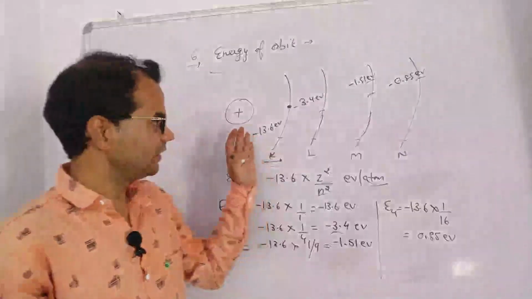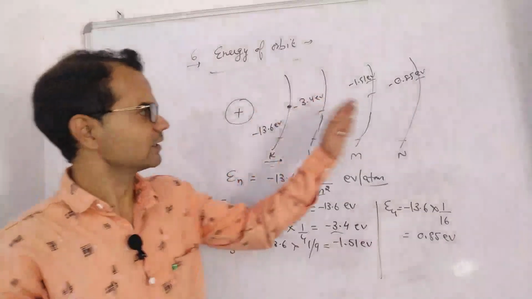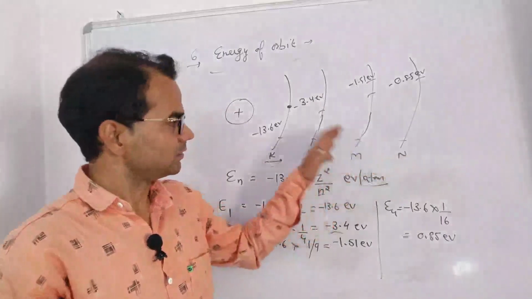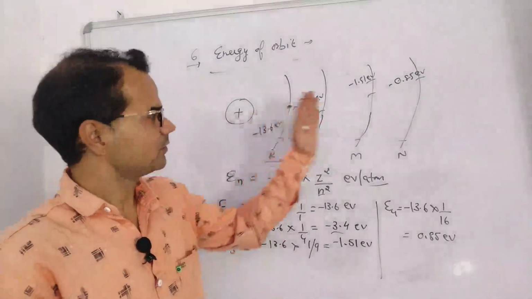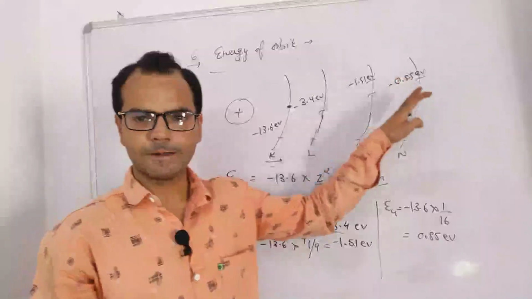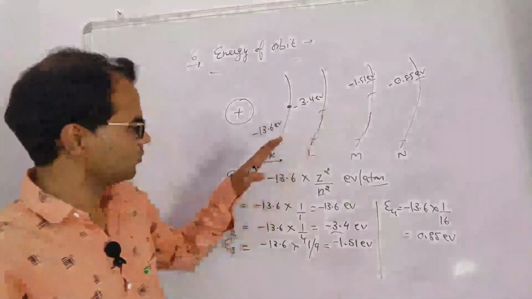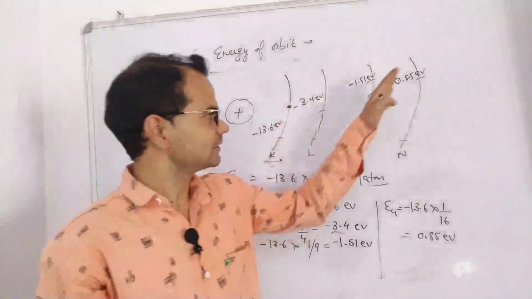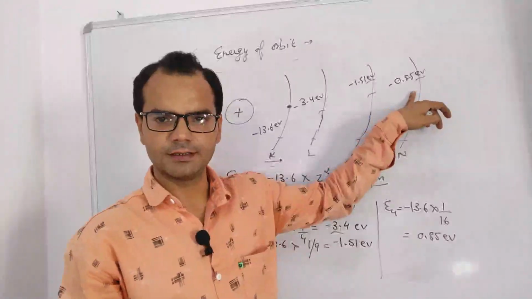You can see from the values, as the distance increases, meaning we are moving to higher orbits, the energy values are increasing. The ground state energy is very low and the excited state energies are very high.